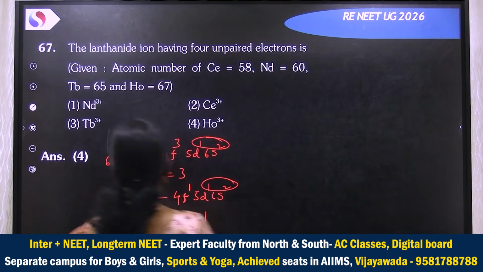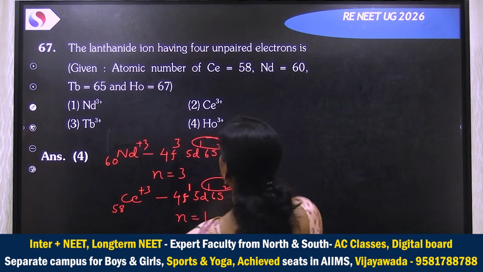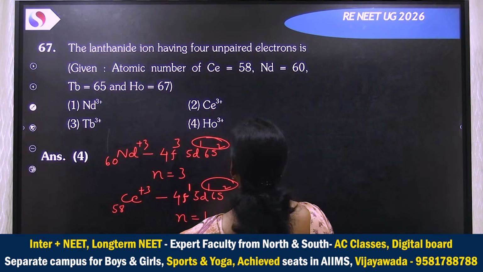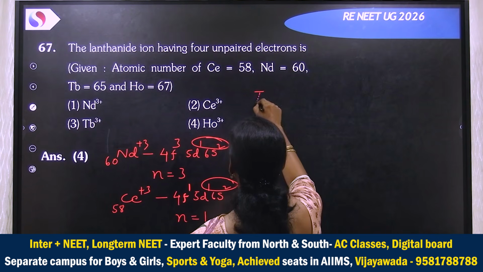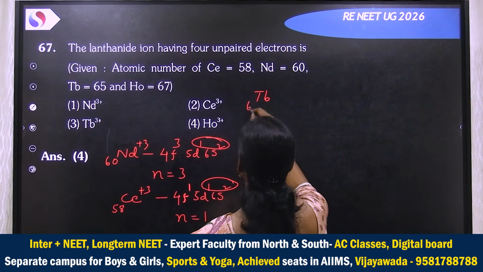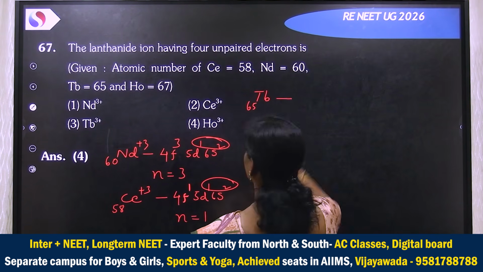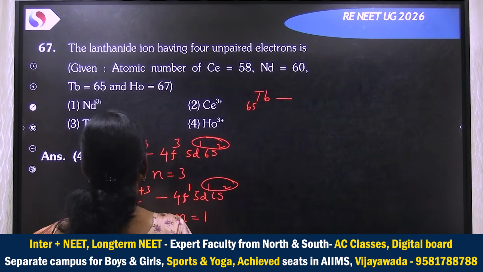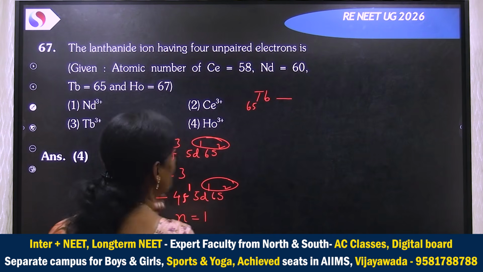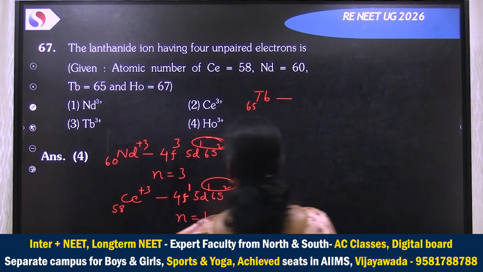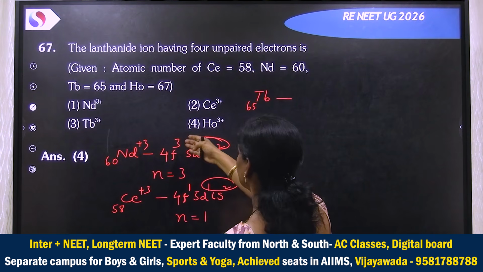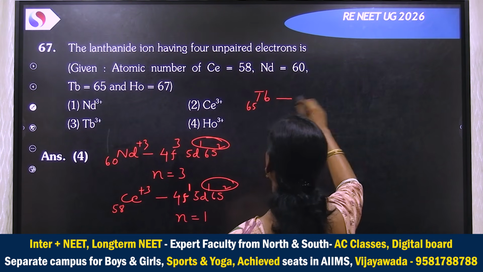And next, the third one is terbium plus 3. Terbium atomic number is 65. When we compare it to neodymium, atomic number 60, 5 more electrons are present, so 3 plus 5, 8 is the actual configuration.